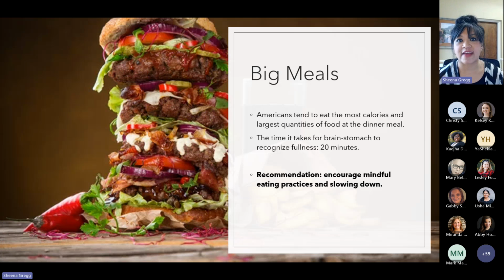Even within that same vein, big meals. For us as Americans, we tend to eat our most significant amount of calories in the evening. I know with other cultures, lunch can be the biggest meal of the day, but for us as Americans, I think just with society and lifestyle, dinner tends to be our most significant meal.